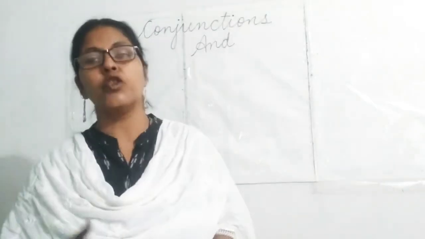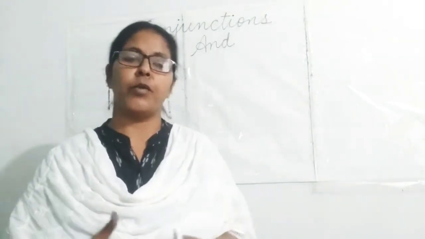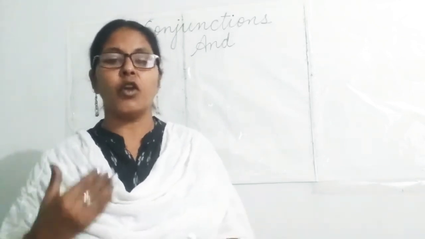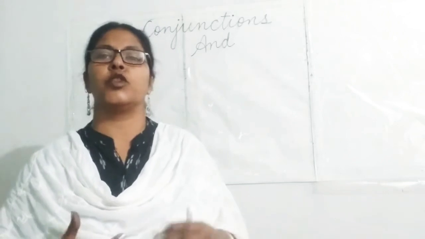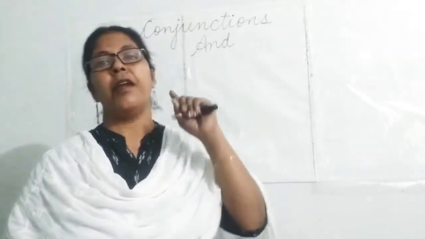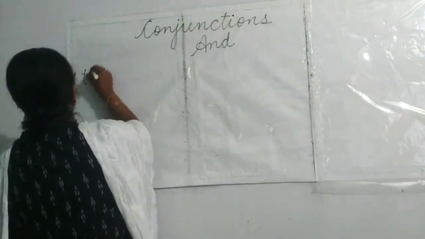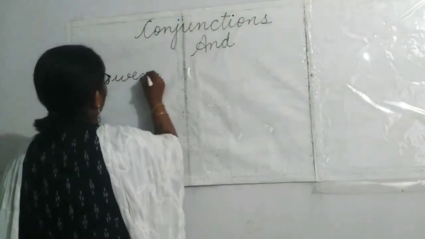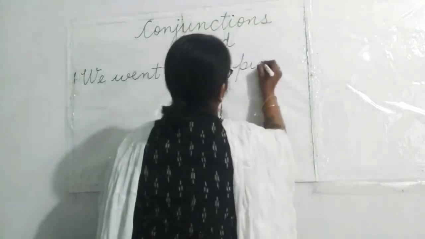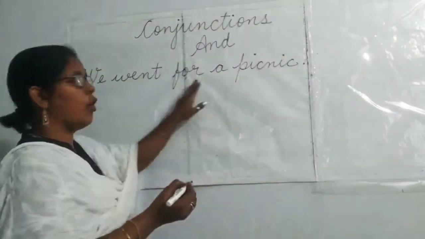We use and to combine similar ideas or to add information. So once more I'm repeating, we use and to combine similar ideas or to add information. So I'll show you children how to join two sentences with the help of and. The first one: We went for a picnic.